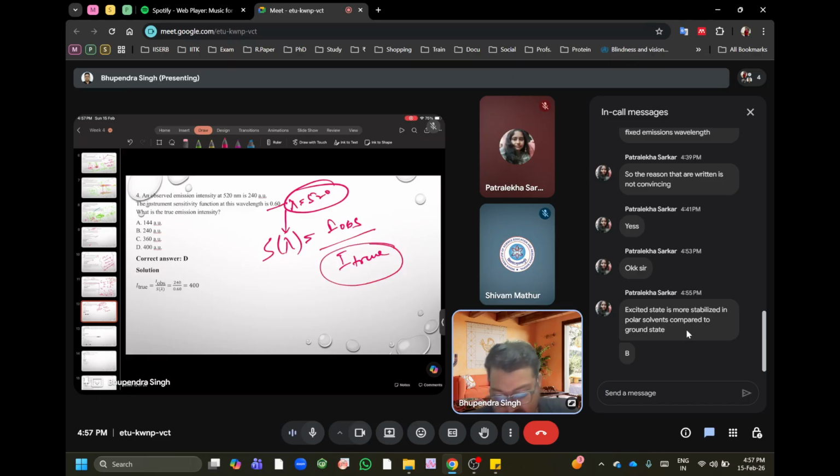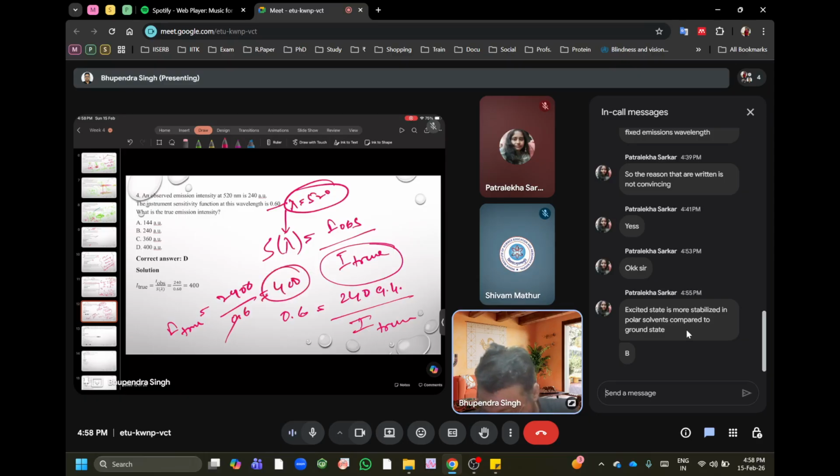They are asking. So sensitivity is 0.6 and observed is 240 AU, arbitrary unit, and you can calculate I true. I true is equal to 240 divided by 0.6, which is 400 AU. Answer is D. Is it okay?